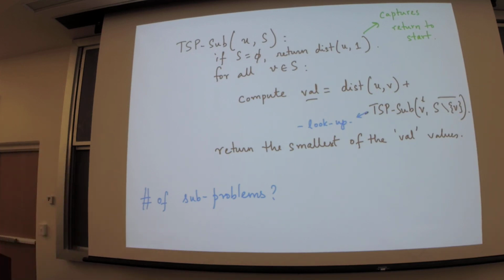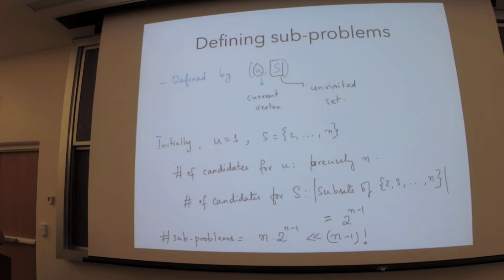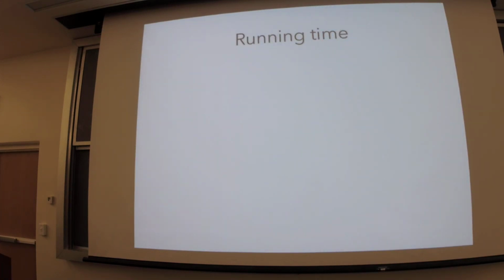And this process, you can see, the total running time will turn out to be something like O of n squared times 2 to the n. So that's what it is.